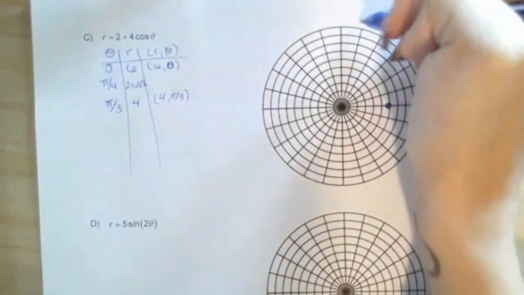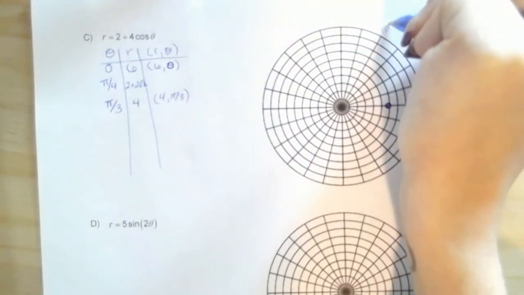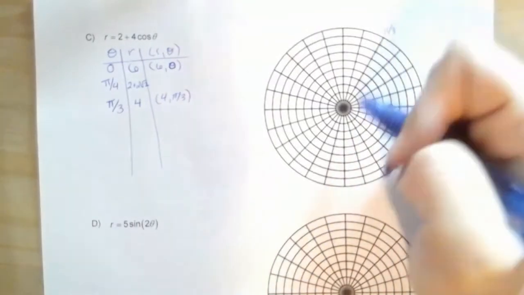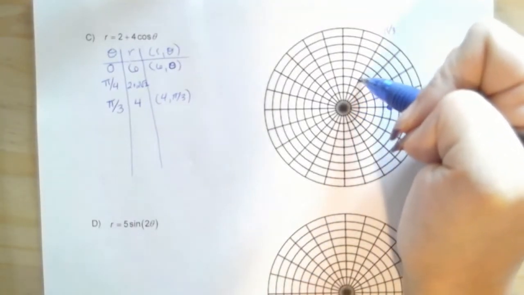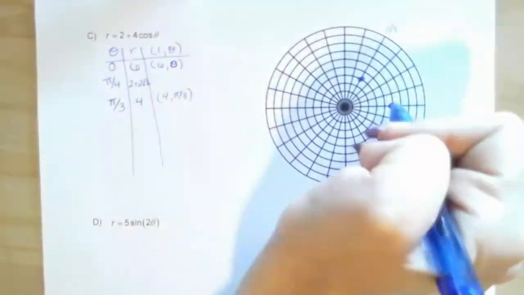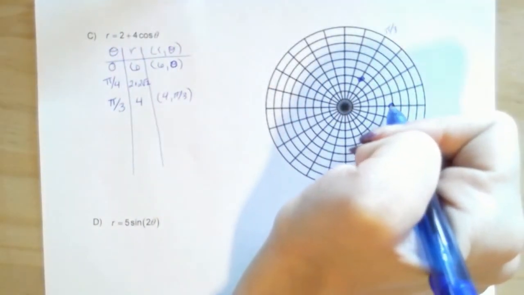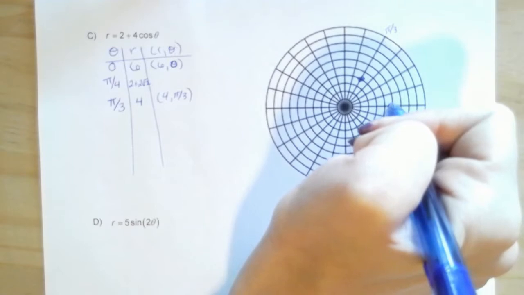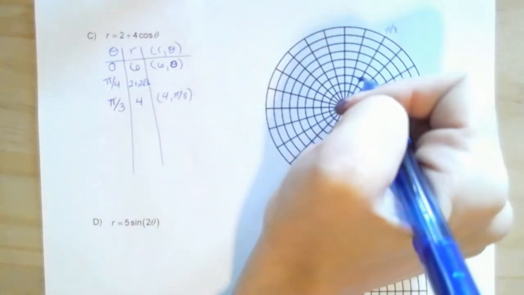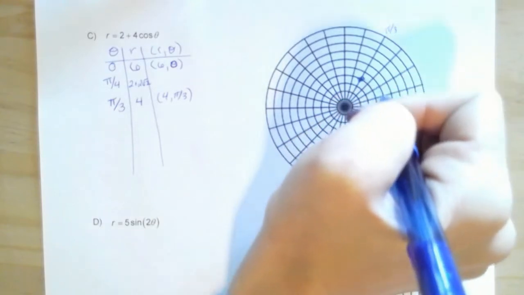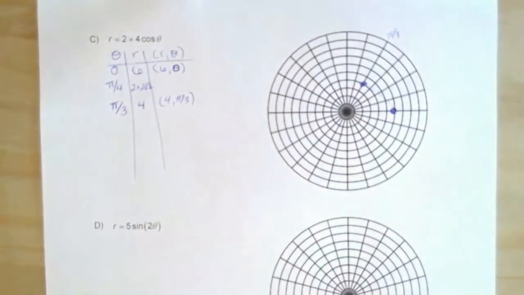Okay, pi over 3 is going to be right over here. So I'm going to go up 4. So 1, 2, 3, 4. Okay, so as you can see, this pi over 4 that I'm going to skip over, it's actually already accounted for right there.